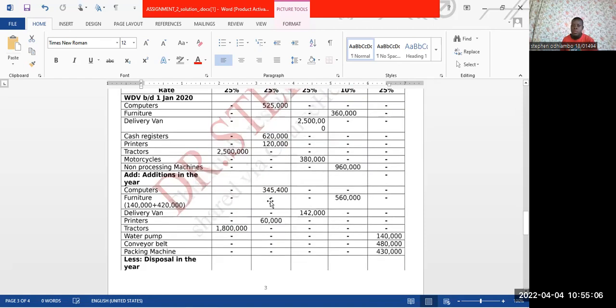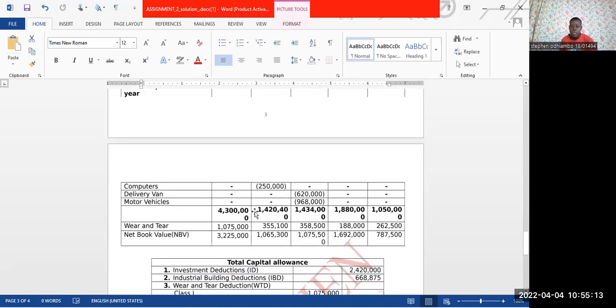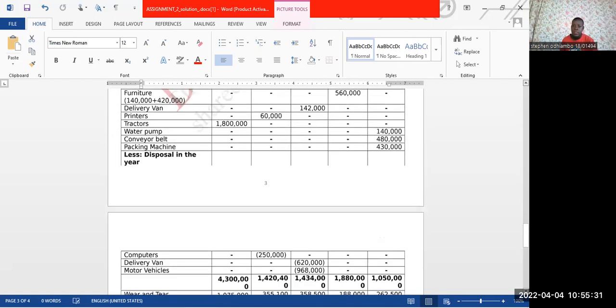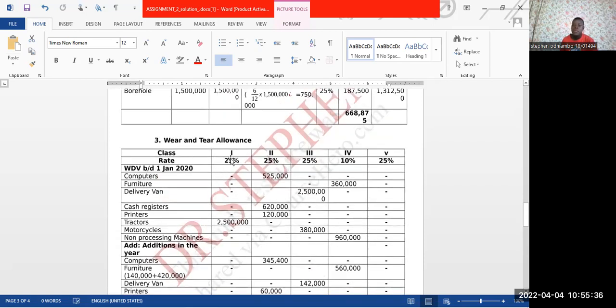You repeat the same to the second column, third column, fourth column, as that continues. So you're supposed to be getting these amounts under here. So we have wear and tear and net book value. So that is the stage where you are now supposed to be lessing wear and tear allowances. For you to get wear and tear allowances for this class 1 or group 1 assets, we have 25%.